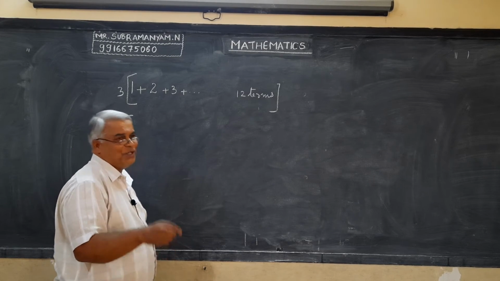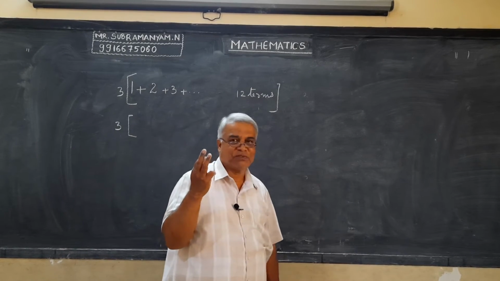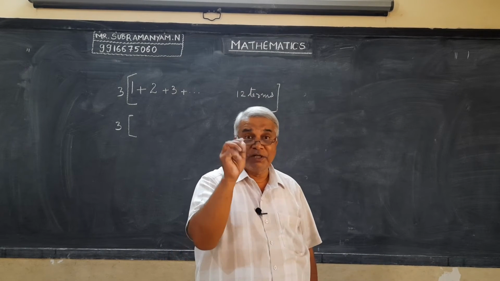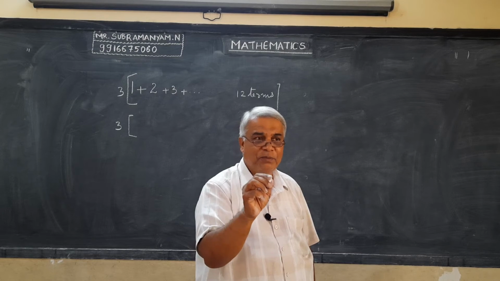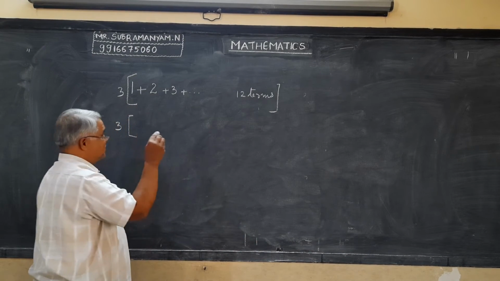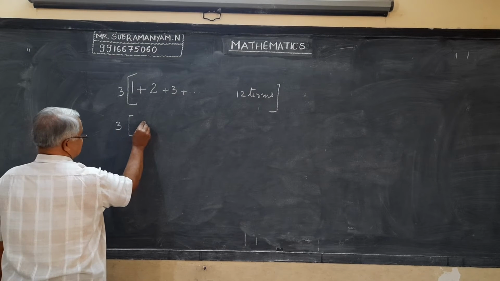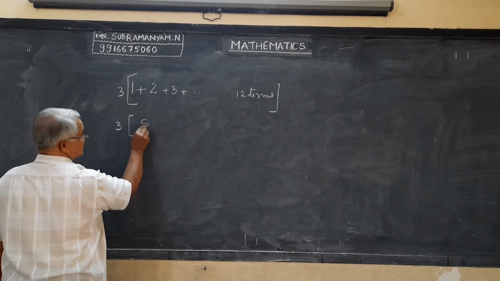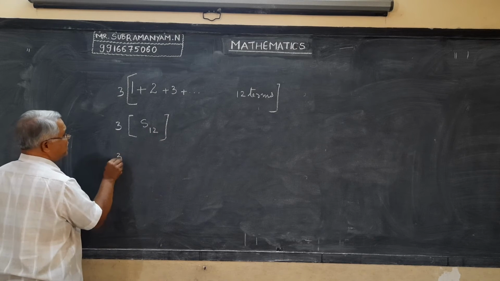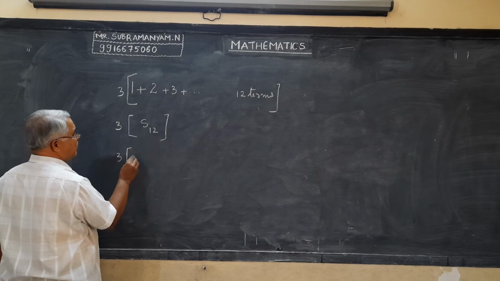12 terms. You remember the 3 formulas we have learnt. In that, I am going to use the third formula. Why third formula? Because these are natural numbers. So this is 3 into S12.